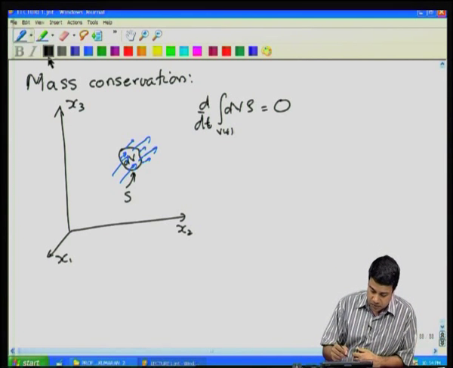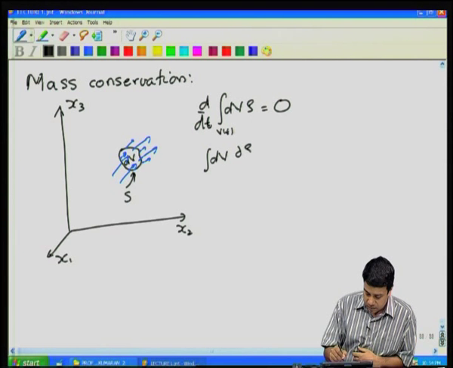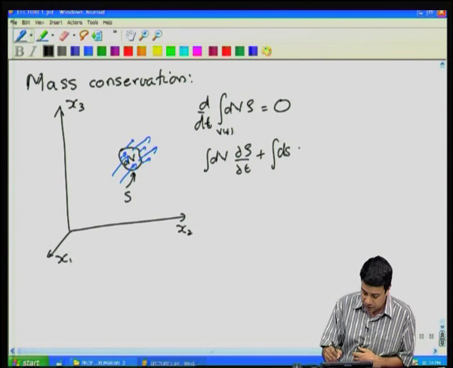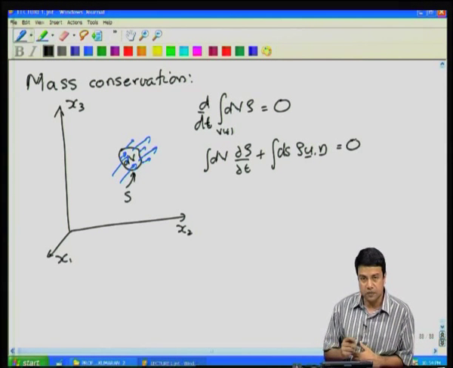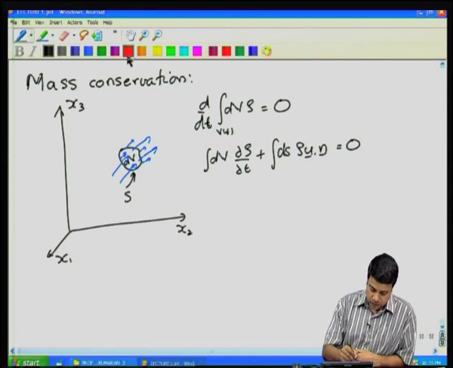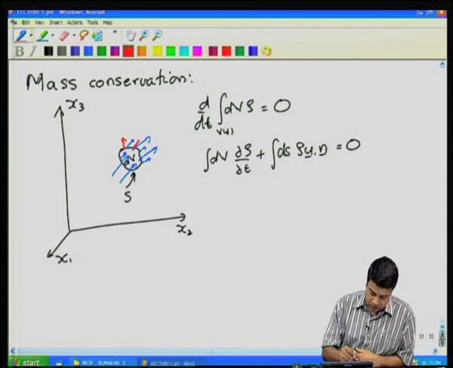And if you take these two into account, this can be transformed into integral of partial rho by partial t plus integral over the surface of rho times u dot n is equal to 0, okay, where n is the outward unit normal to the surface locally.